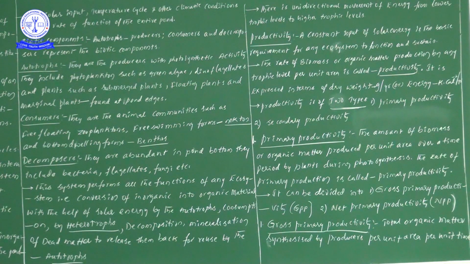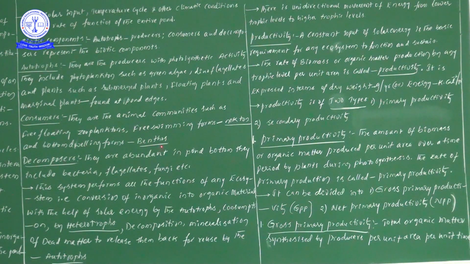Next, the consumers point of view. Consumers are animal communities, such as free floating zooplanktons, free swimming forms called nekton, and bottom dwelling forms called benthos. Bottom dwelling means they are present at the bottom.